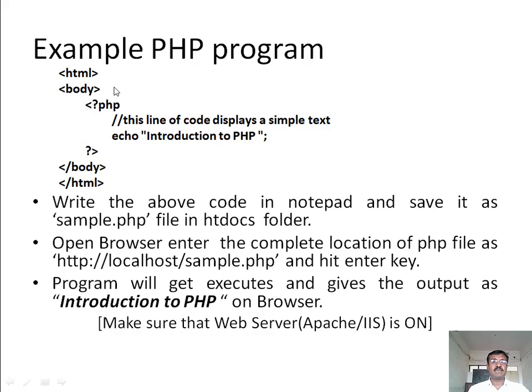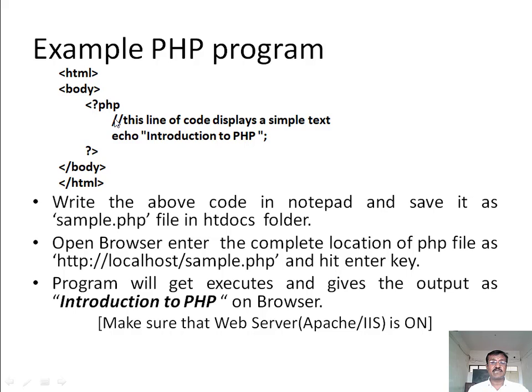So here is a simple example PHP program. See, this is your example PHP program. Here I started with the HTML tag. Within your HTML tag, I have placed PHP code using a PHP tag. See, this is your open PHP tag, and this is your close PHP tag.